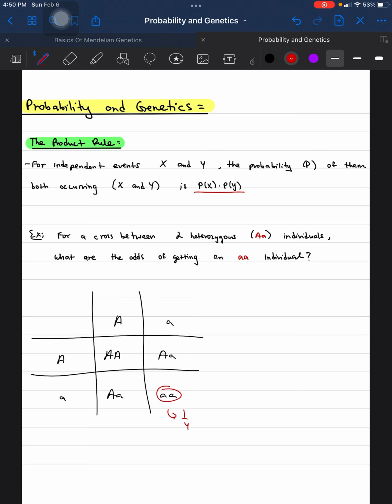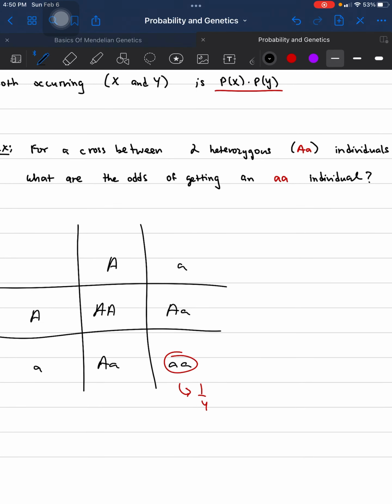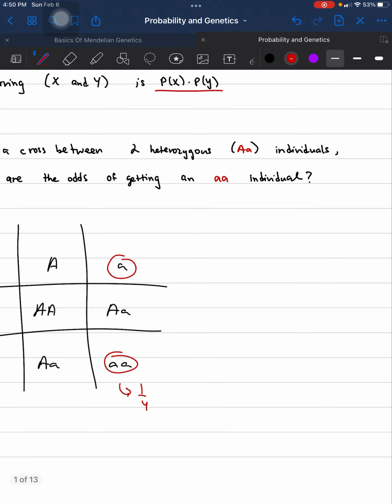But we have to take into account that each parent has a 1/2 chance of actually making this offspring. There's a 1/2 chance that this allele is actually given to the offspring.